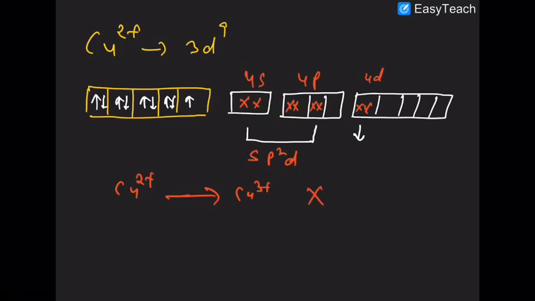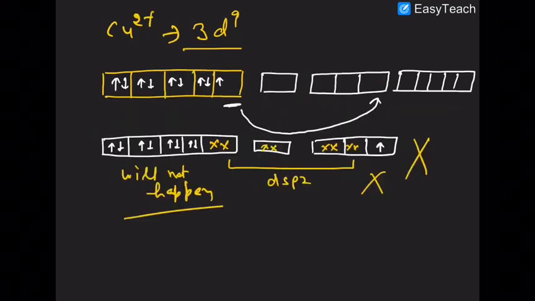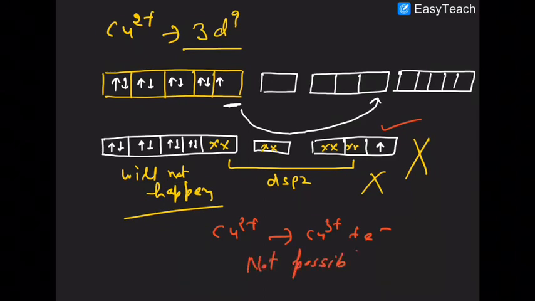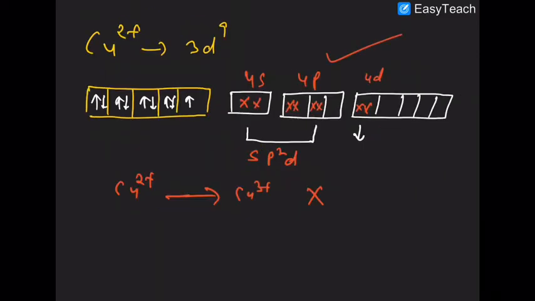Never possible. If we go by the previous rule, then this electron can be given, and copper 2 plus can easily become copper 3 plus. That is not possible, because copper exists in the plus 2 state always. So this is the right approach.